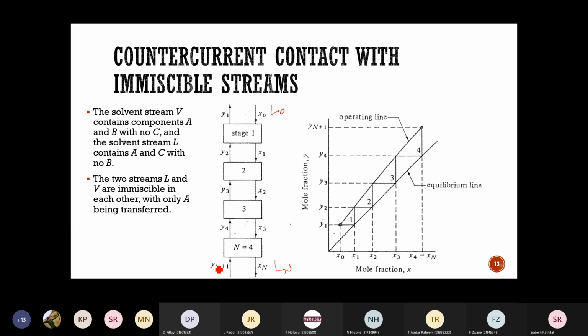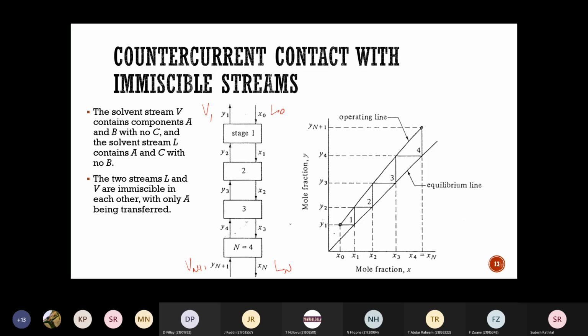On the vapor side, you've got Yn plus 1, so it'll be Vn plus 1. We're saying N, but remember, because it's the 4th stage, this will be L4 and this will be V5. On the top here, you'll get Y1, which is the concentration, and you've got V1, which is the flow rate.